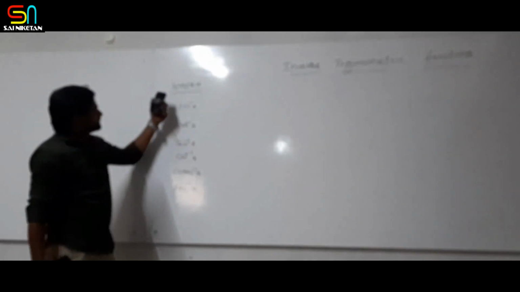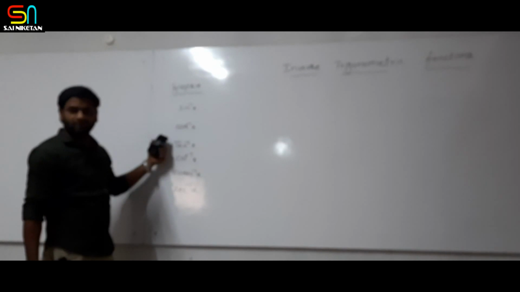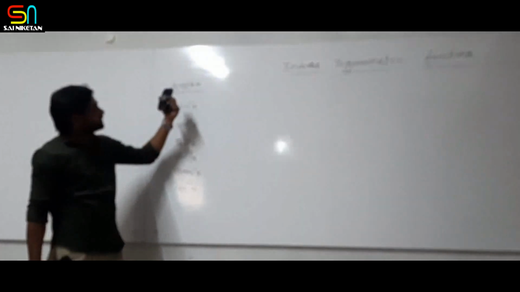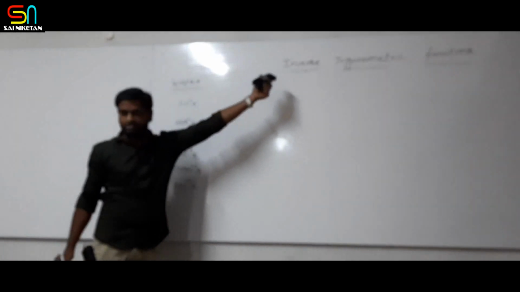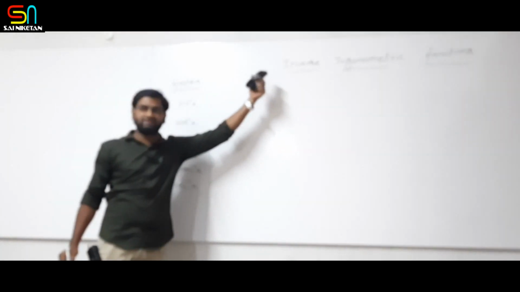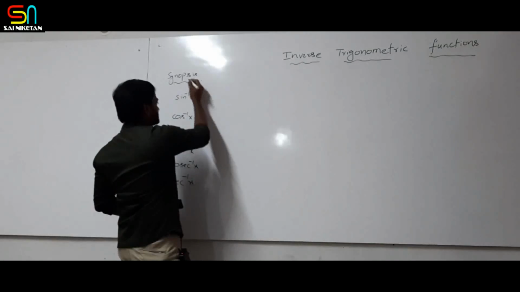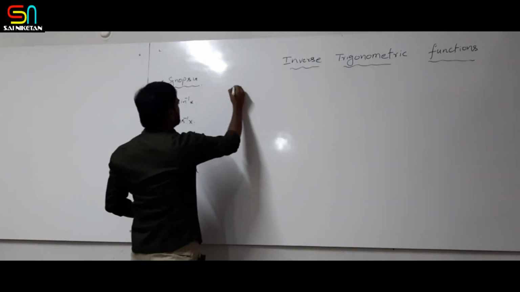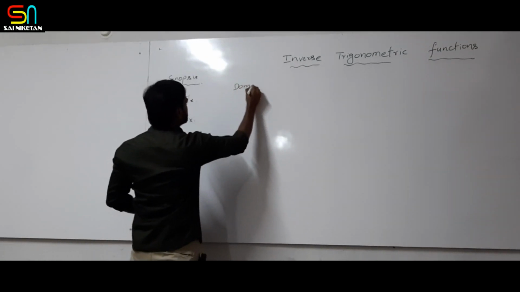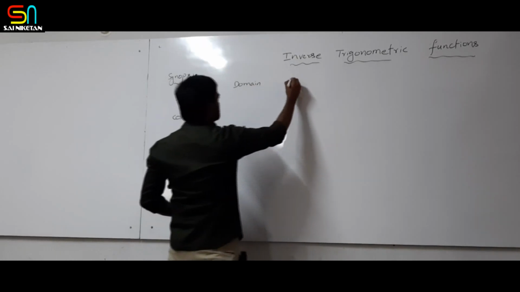Now we have 6 inverse trigonometric functions. What are the domains and what are the ranges? Here range means the principal value. Now these are the functions. Now I am writing here the domain, and here I am writing the range.